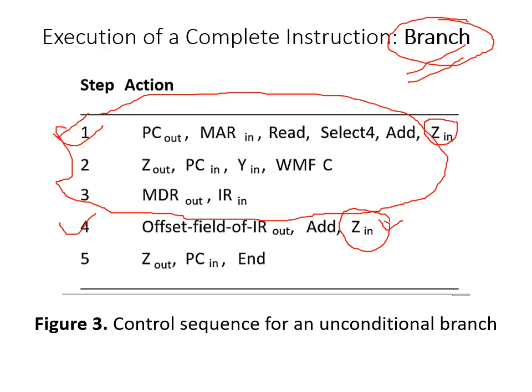In this branch instruction I have given here in the control sequences, Zin must be executed at the 4th clock cycle. For all instructions you must know at which clock cycle Zin must be executed, because we know the control sequences of all possible instructions. And also Zin must be executed at the first clock cycle of every instruction.